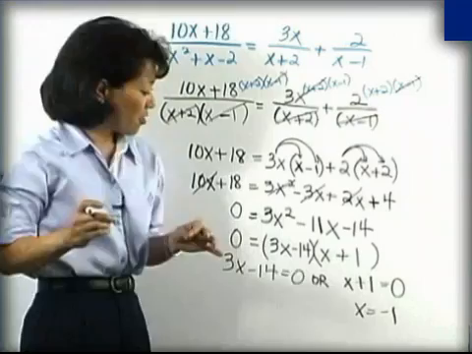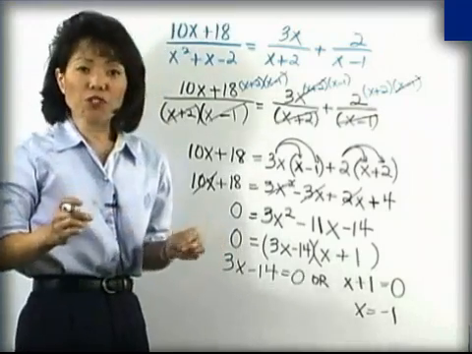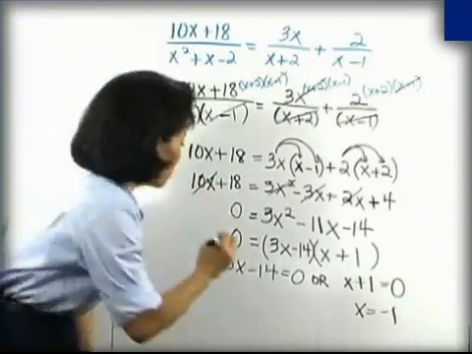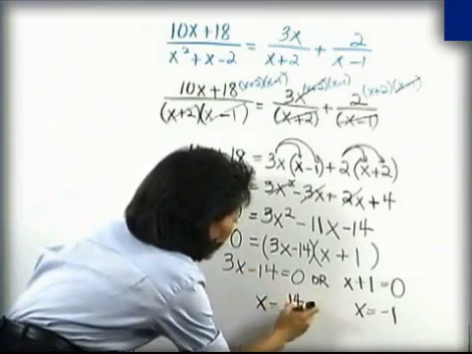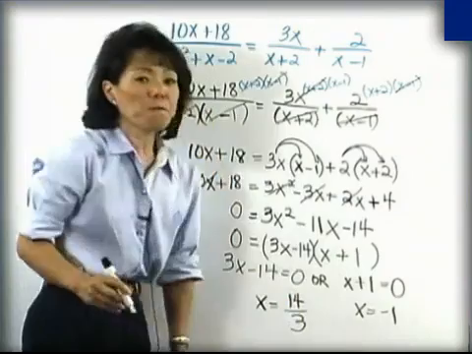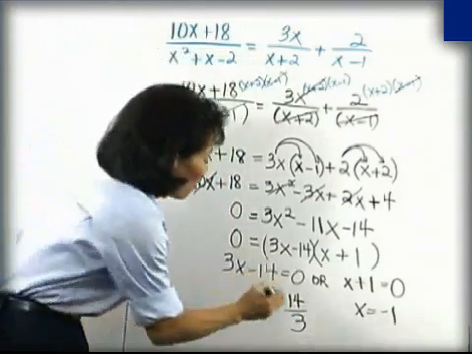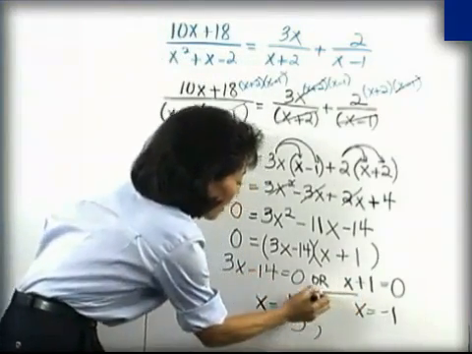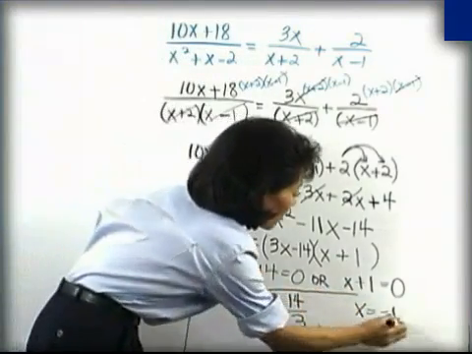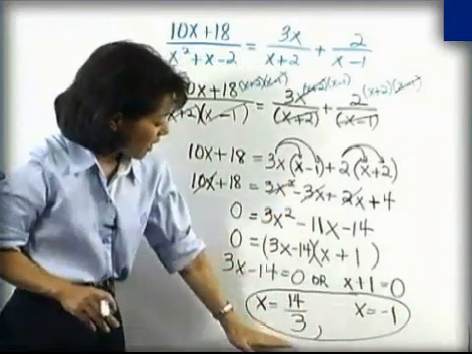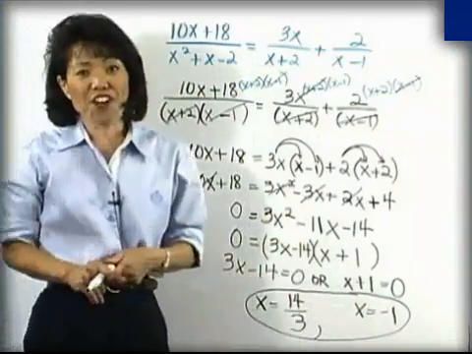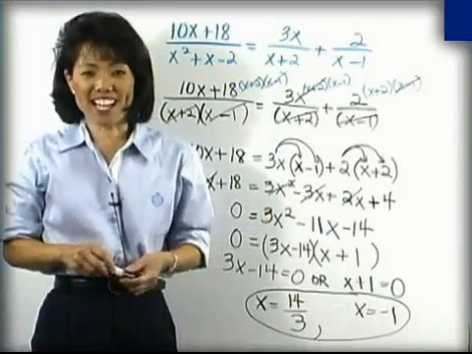I'm going to write the solution for x, but I want you to go ahead and take as many steps as you need. So in this case, when I add 14 to both sides and divide by 3, I end up with 14/3. So my two possible solutions here for this quadratic equation are x equals 14/3 or x equals negative 1.